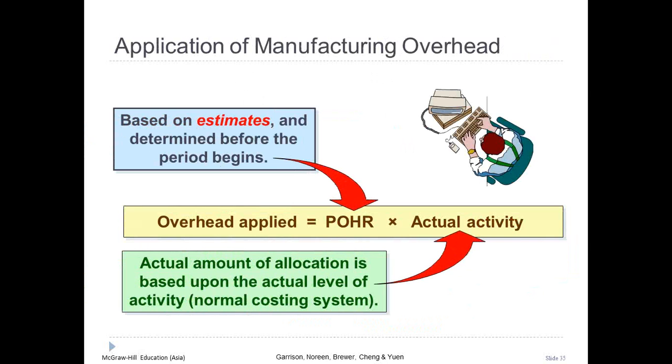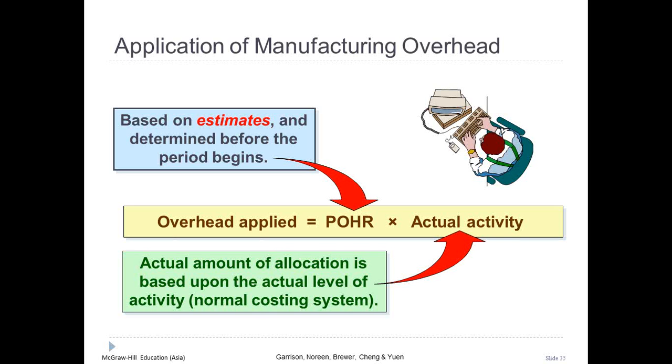Under the normal costing system, we calculate the predetermined overhead rate before the period begins. As we work on a particular product or a particular job, we apply overhead by multiplying the predetermined rate times the actual level of activity.